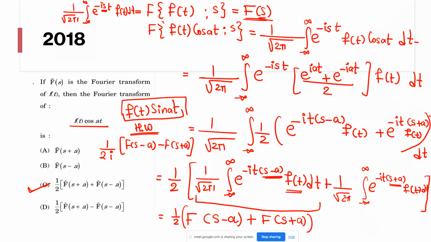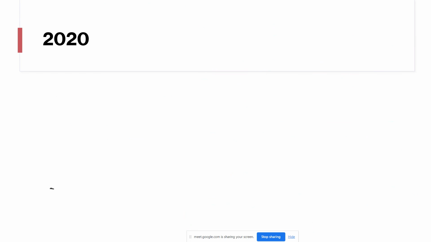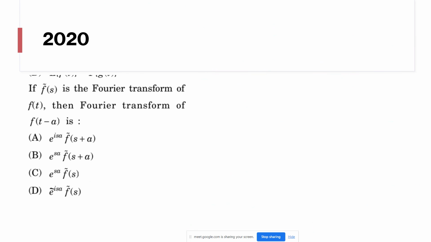This is one question that we have already discussed earlier, but let us see another one. This is easy. In 2020 they are asking a basic question on properties of the Fourier transform. Just let me know in the chat box which of the following options is correct.